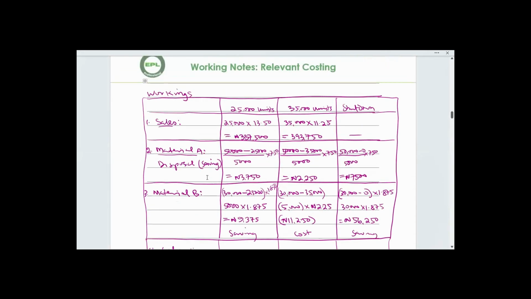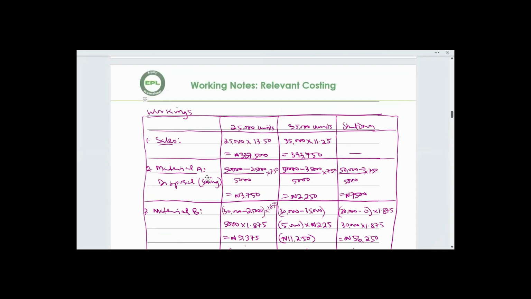So we started from the sales value. So sales value for option 1 is 337,500. So let's go and post 337,500, option 1. So I will then come here and say, working number 1, here is 337,500.